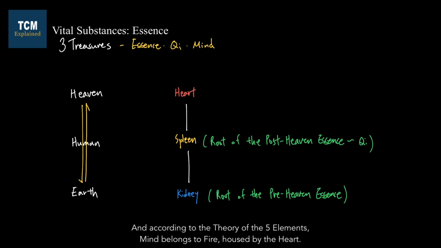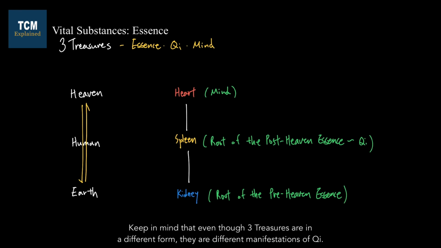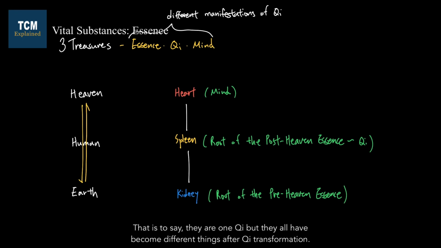And according to the theory of the 5 elements, mind belongs to fire, housed by the heart. Keep in mind that even though the 3 treasures are in different forms, they are different manifestations of qi. That is to say, they are one qi, but they have all become different things after qi transformation.